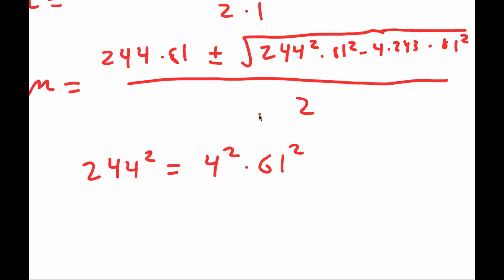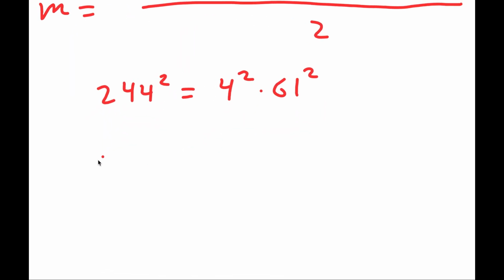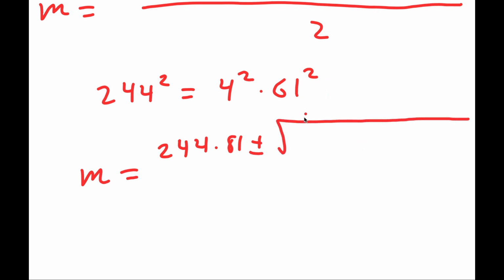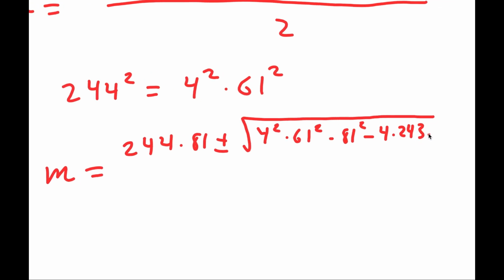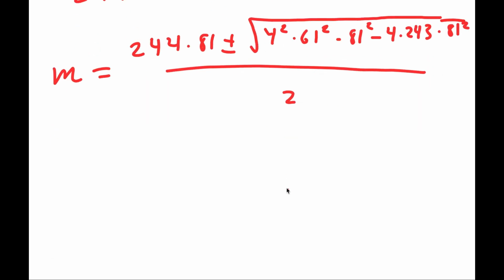So I get m is equal to 244 times 81 plus or minus the square root of 4 squared times 61 squared times 81 squared minus 4 times 243 times 81 squared. I have all this over 2 still.